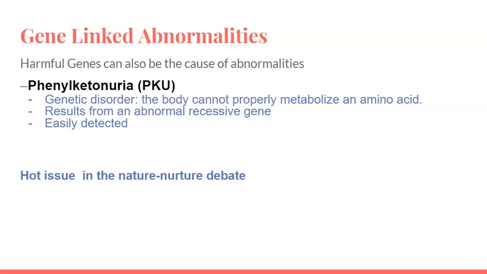What happens is that the body cannot break down amino acids. And this is because there is a recessive gene that is not normal. The gene is not functioning correctly, and therefore the cell cannot break down the amino acid.